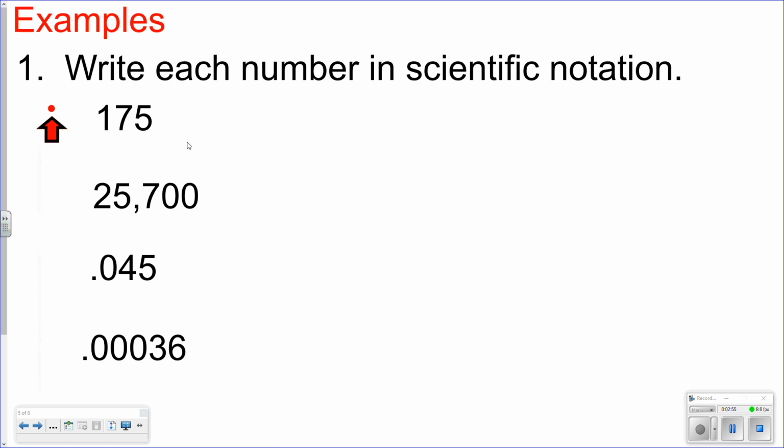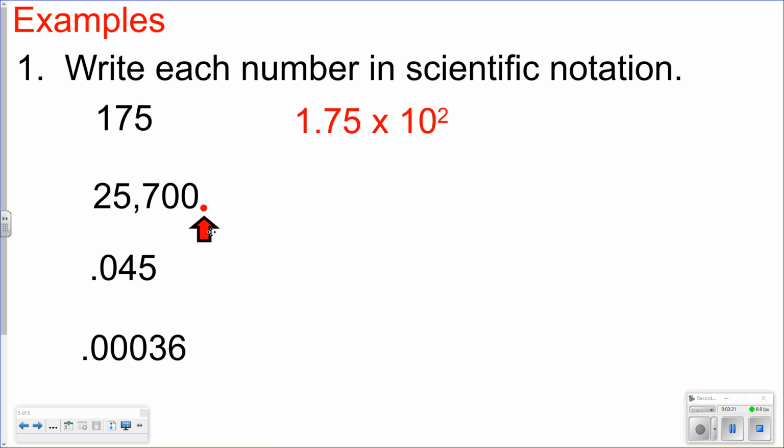So write each number in scientific notation. Scientific notation means right now the decimal's there, and I need it between the 1 and the 7. So if I rewrite it between the 1 and the 7, I have moved it from behind the 5 to 1, 2 places. 175 is a big number, so it's positive 2.